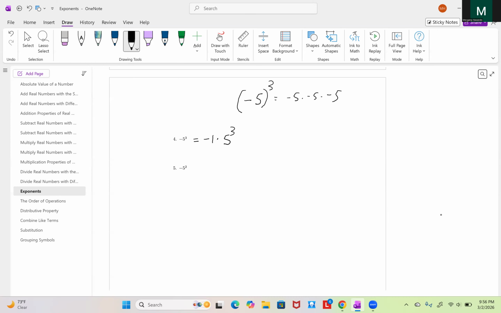This is equal to -1 times 5 times 5 times 5, which is equal to -1 times 5 is -5. -5 times 5 is -25. -25 times 5 is -125. So the answer is -125.